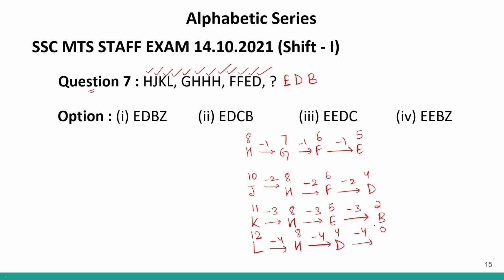Do we have a 0? No. After A, which is 1, we will go back to Z. So I will get Z, which is 26. So E, D, B, Z will be my next elements. This is given in option number 1. Therefore, option number 1 will be the answer. Okay? Clear?